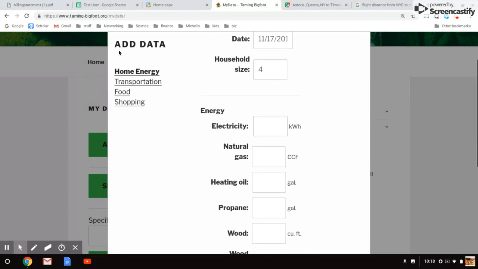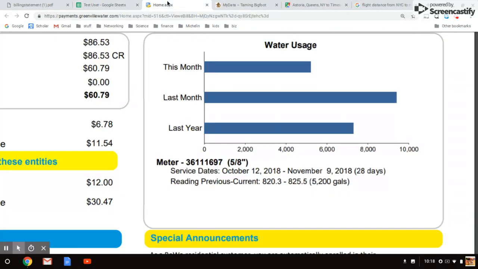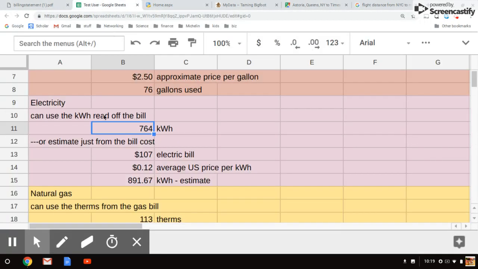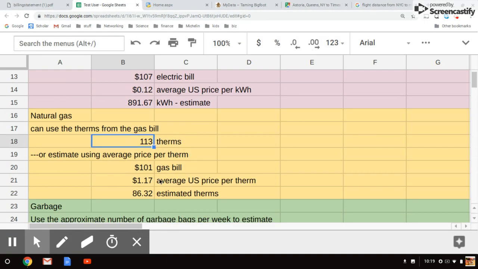Okay, we have natural gas. Again, you go to the bill. Over here it says 113 therms. Just like with electricity, if you don't have the bill, you can estimate this amount from how much you pay the gas company and the average US price per therm. Estimate is not exact, but probably for our purposes, it's close enough.